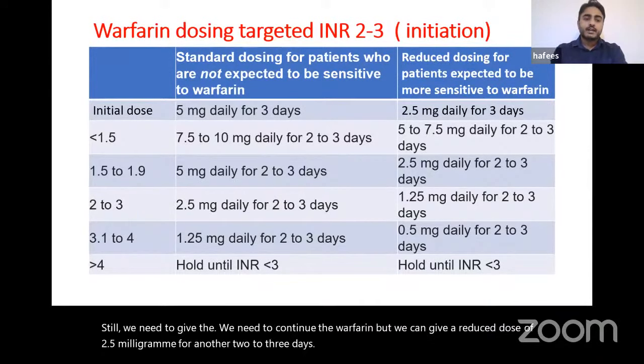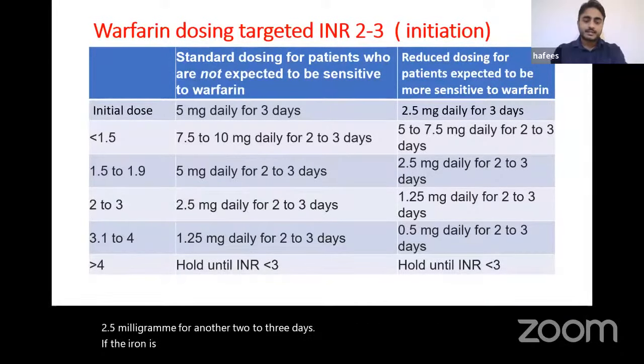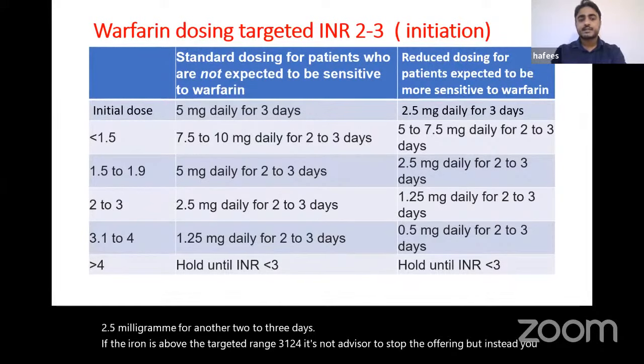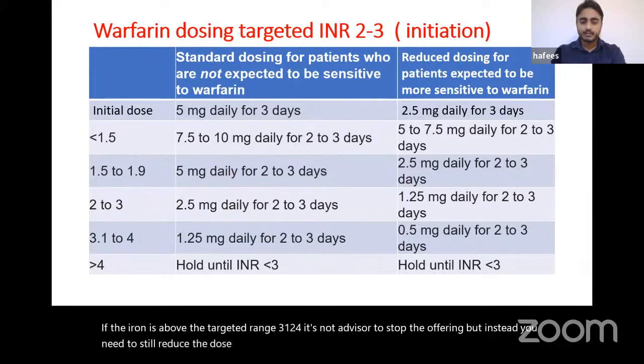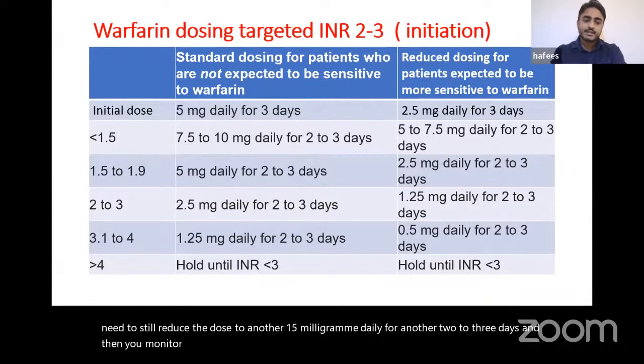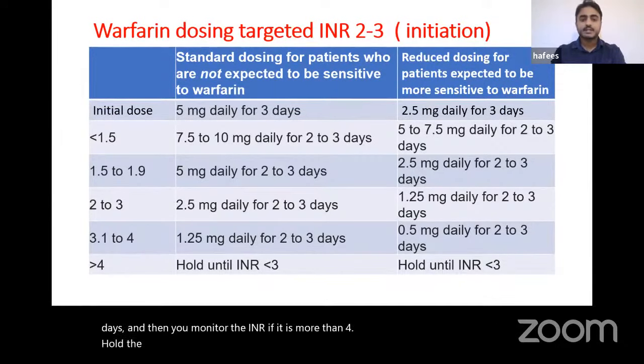If the INR is above the targeted range, 3.1 to 4, it is not advisable to stop the warfarin, but instead reduce the dose to 1.5 milligram daily for another 2 to 3 days, and then monitor the INR. If it is more than 4, hold the warfarin until the INR reaches less than 3.